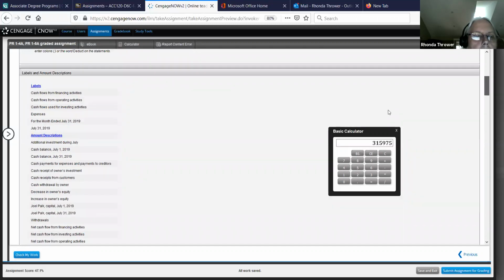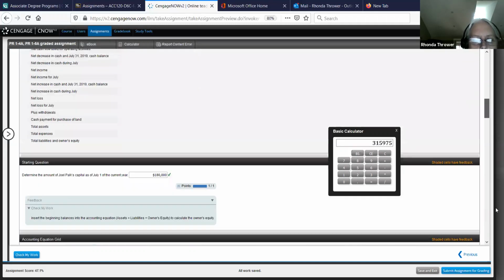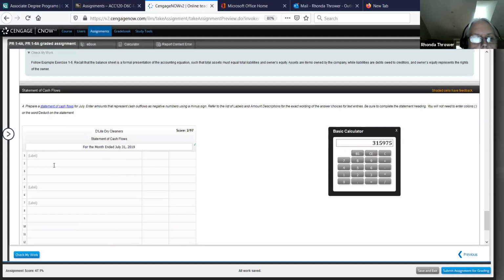I'm going to go up to my label here, and I'm going to pick up my cash flows from operating activities. I'm going to copy that, and I'm going to paste it in for line number 1.